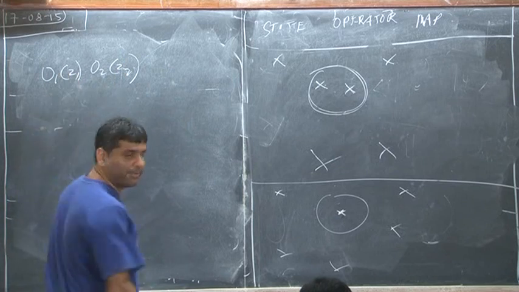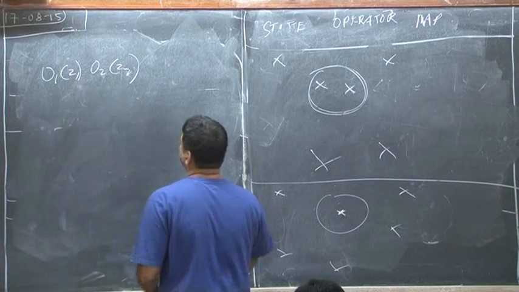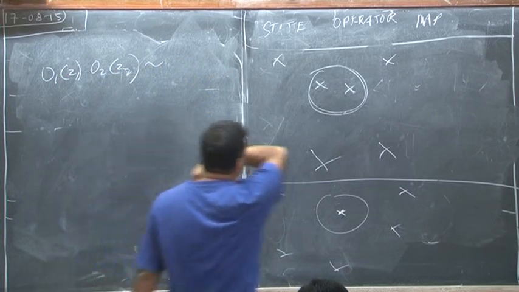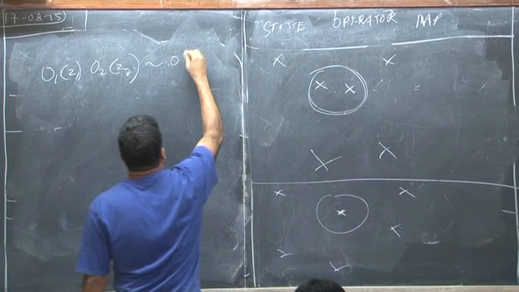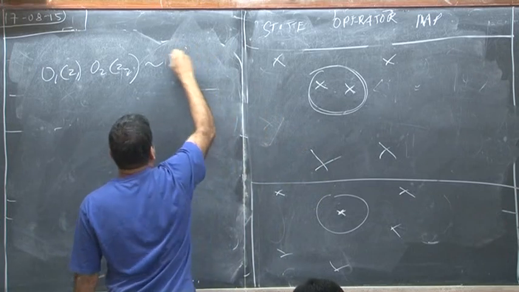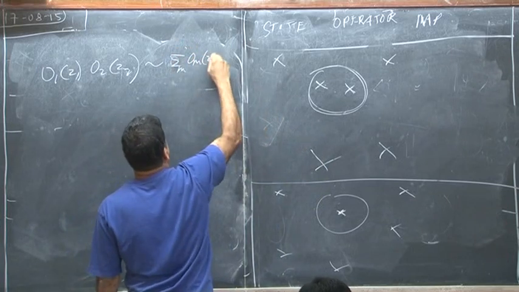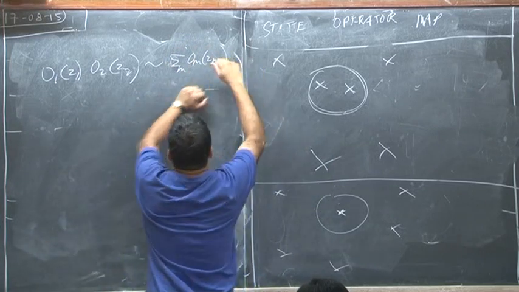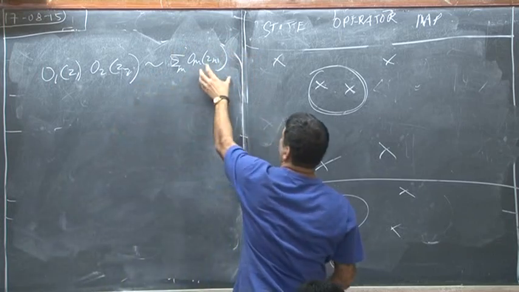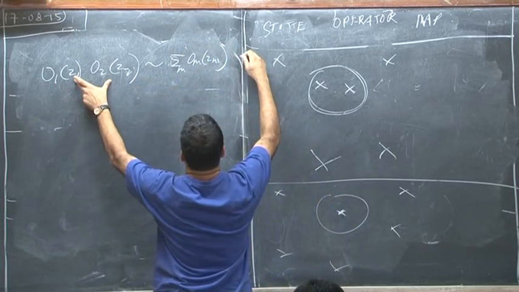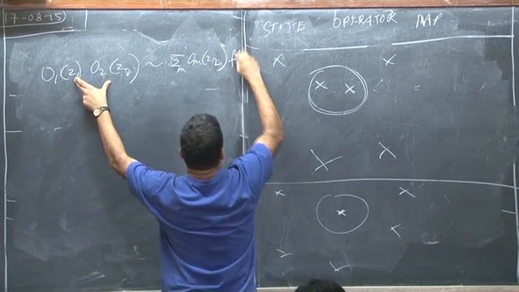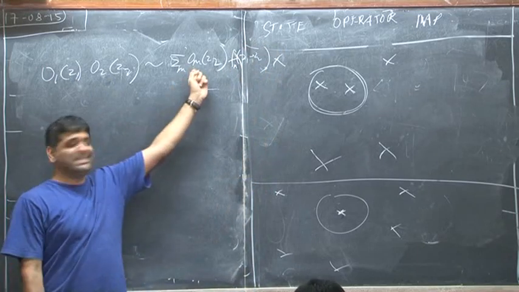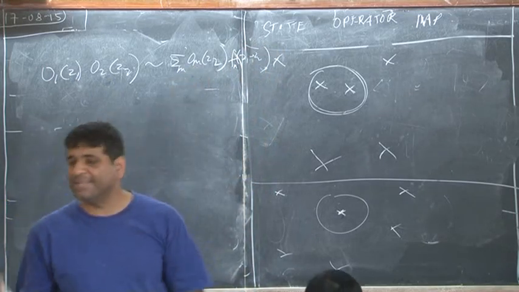The way people write this operator product expansion is, for instance, that this is the same thing as a sum over M of OM of Z2, multiplied by some functions of Z1 minus Z2, where this OM runs over some standard basis of operators.